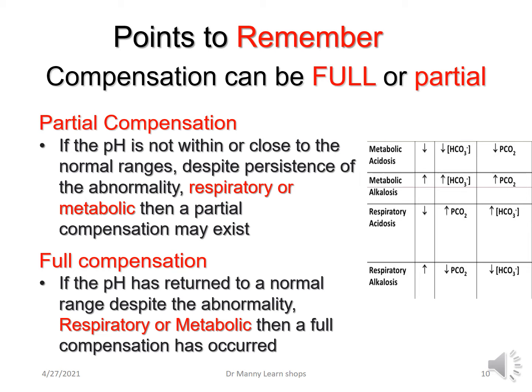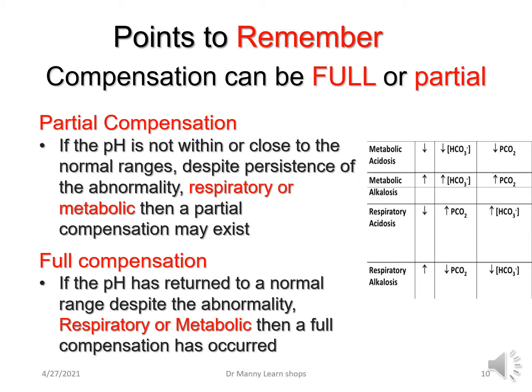If there's no change in the pH despite the respiratory and metabolic problem, then there's no compensation. Full compensation, however, means that the pH has returned to normal, despite still having the respiratory or metabolic problem. If it does return to normal, then full compensation has occurred.